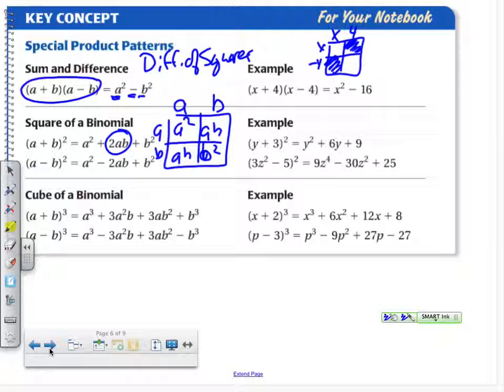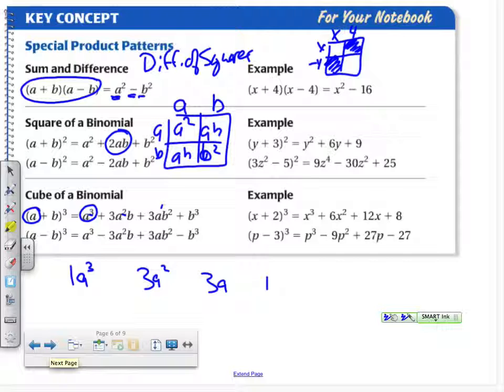For the cube, you can do that all the time, but the shortcut, you kind of put your numbers 1, 3, 3, 1 out there, and then you got your first term, it'll go a cubed, and then you'll just power down. 3, 2, 1.